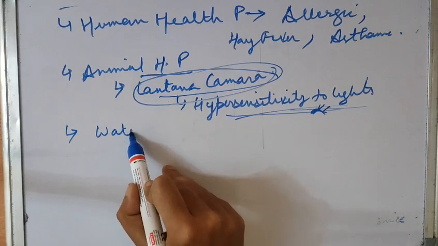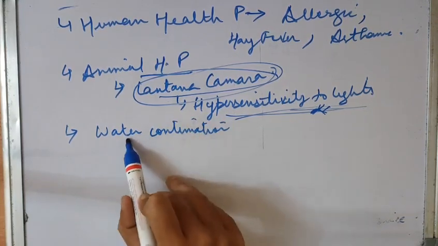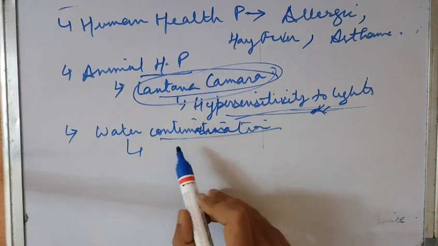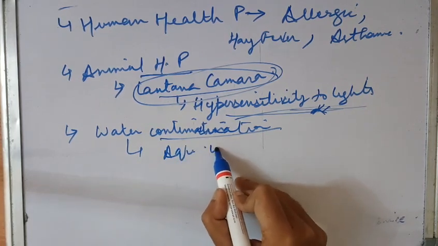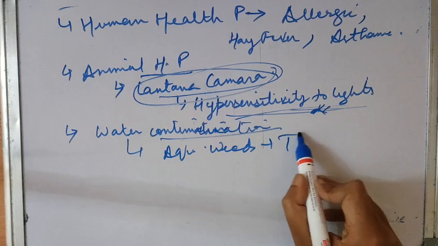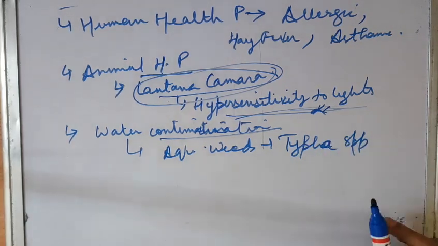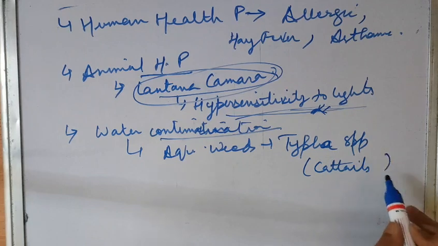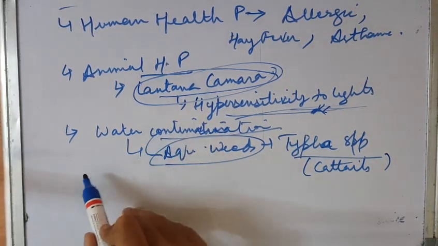Water contamination problems. Some aquatic weeds such as Typha species, in common name it is called cattails, cause water contamination.